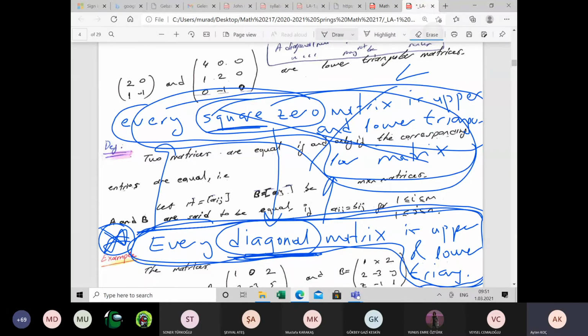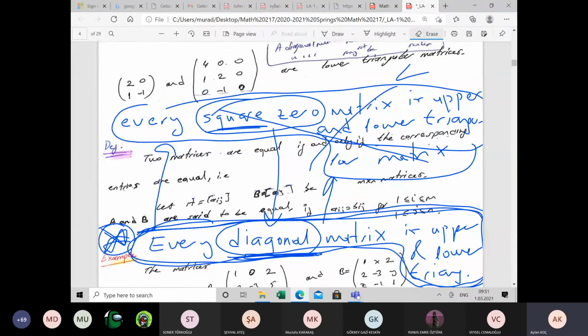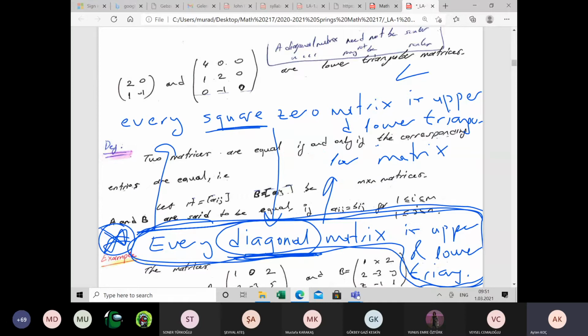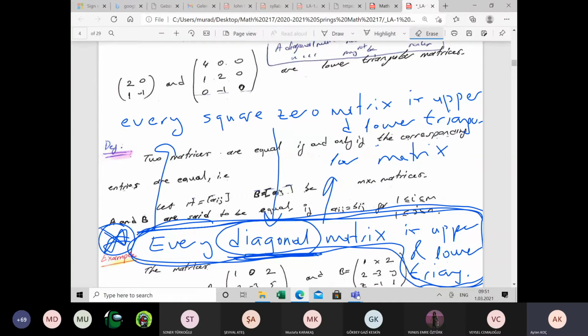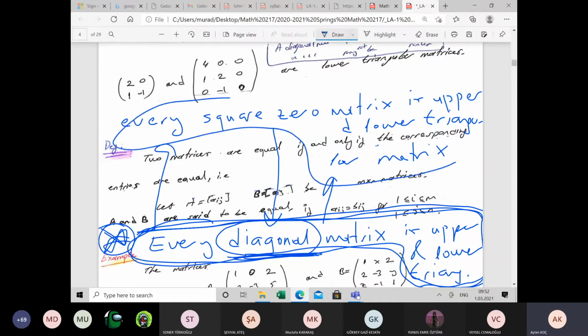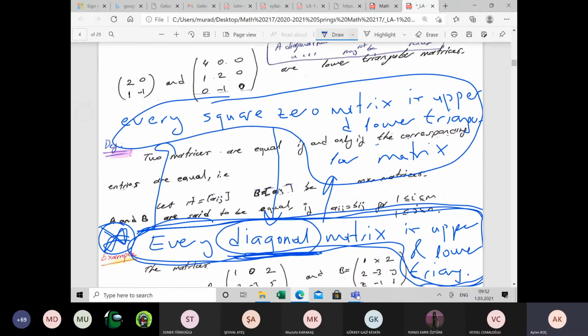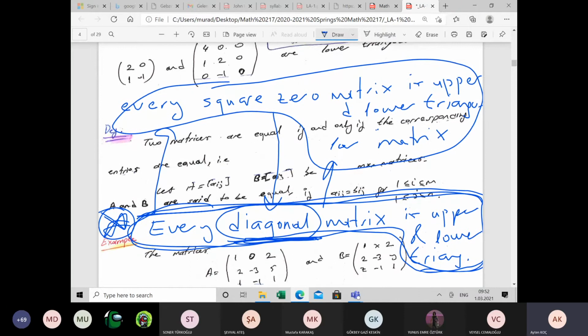So we obtain this statement, and consequently every scalar matrix is upper and lower triangular. Any question?